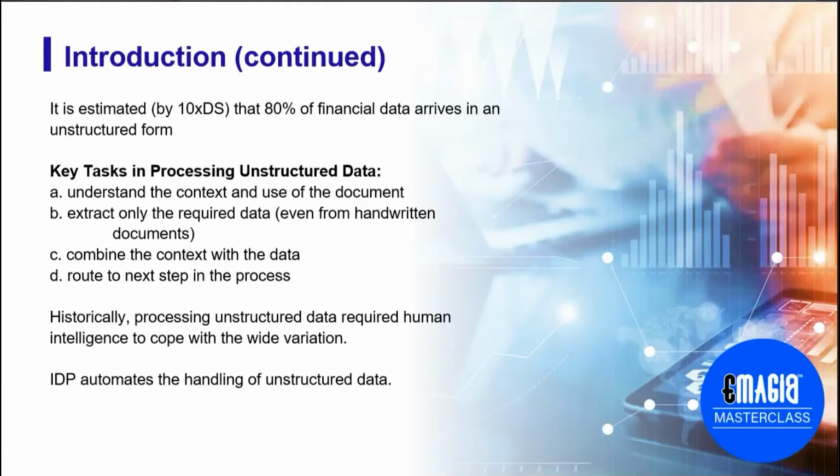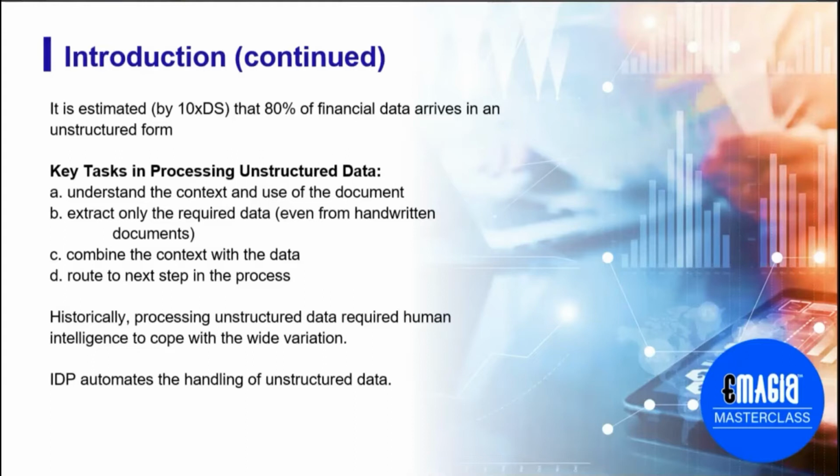What's the context? And then you have to extract not only the required data, but all the required data to process it further. And that holds true even for handwritten forms, the dreaded handwritten form. So, that introduces some difficulty and some error.